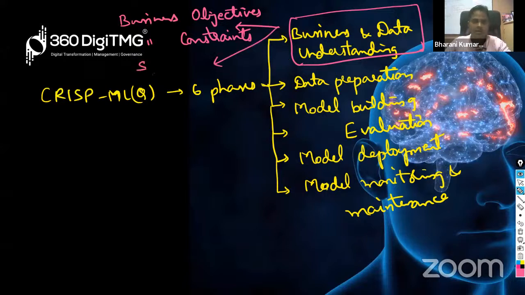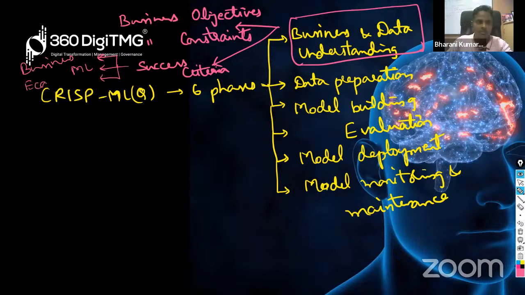Then we also look at success criteria. In success criteria, we have business success criteria, machine learning success criteria, and economic success criteria.